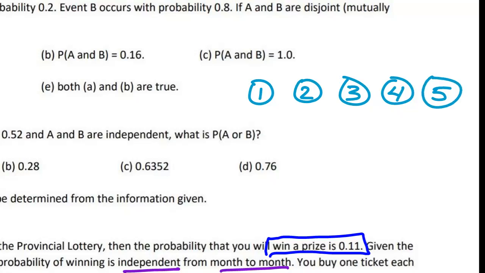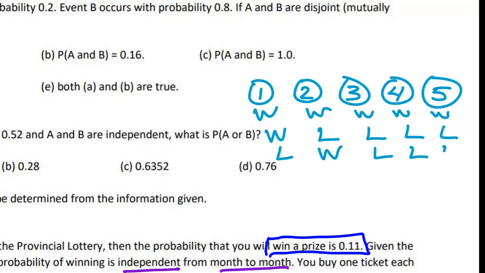So there's the probability that I win every single month, right? So that'd be 0.11 to the 5th. Or I win the first month and I lose all the others. I lose the first month, I win, and then lose, lose, lose. Lose, lose, win, lose, lose.